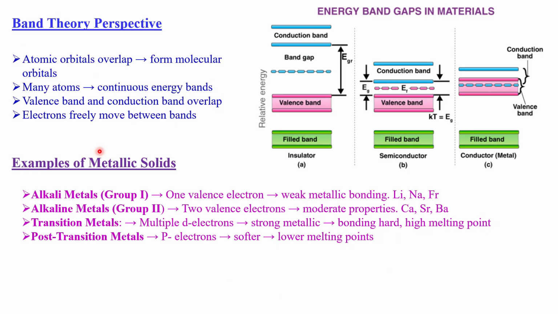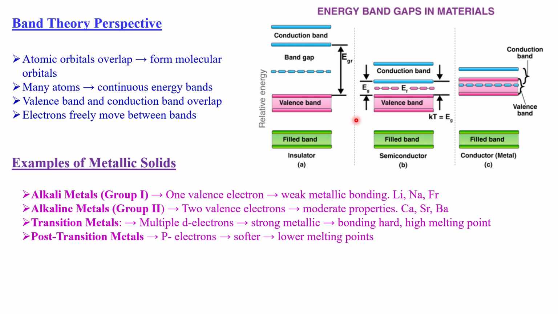From the perspective of band theory, as atomic orbitals overlap in metals, discrete energy levels merge into continuous bands. Unlike semiconductors, the valence and conduction bands overlap here, or the Fermi level lies within a partially filled band.